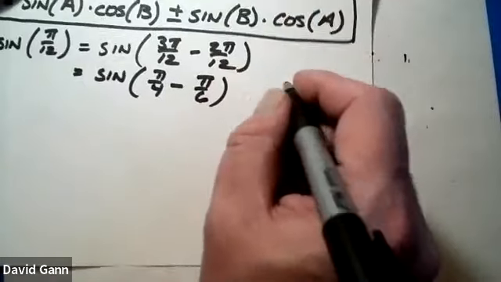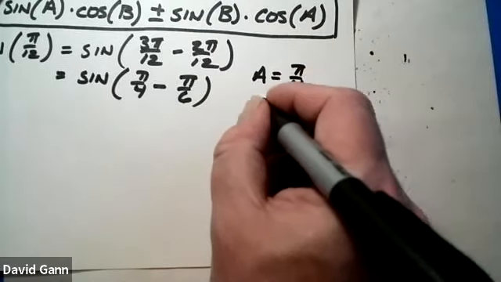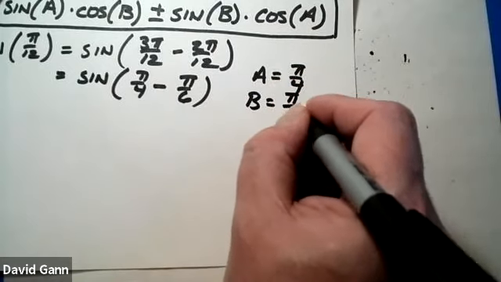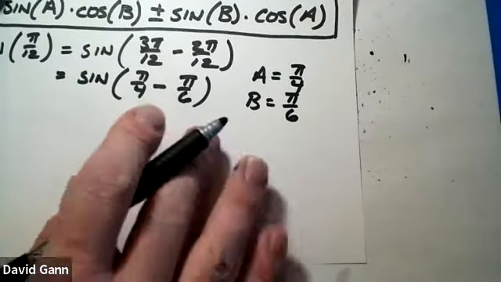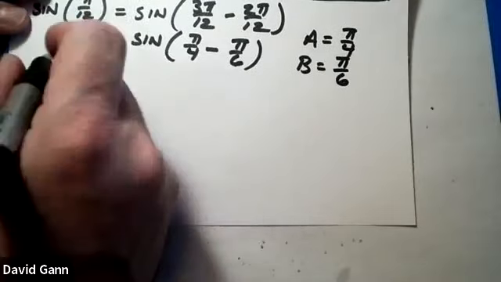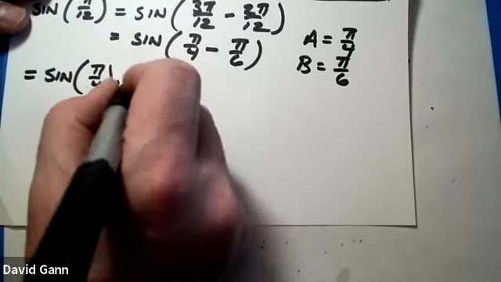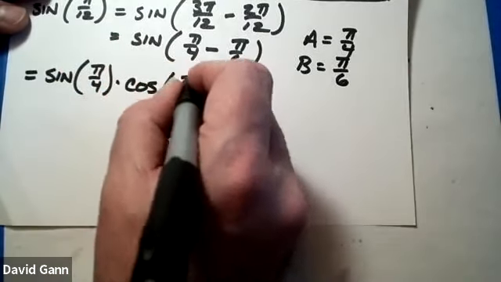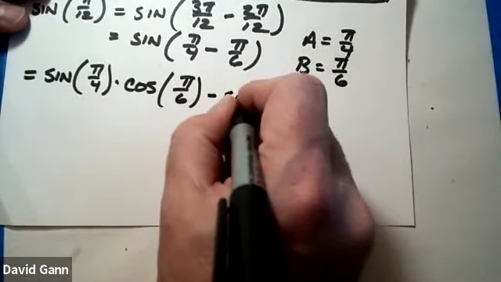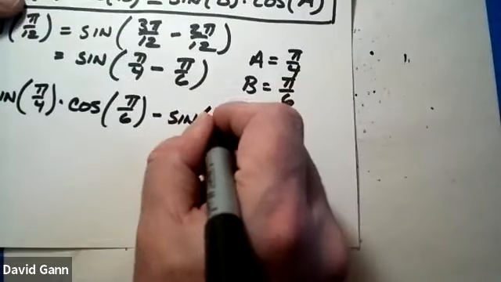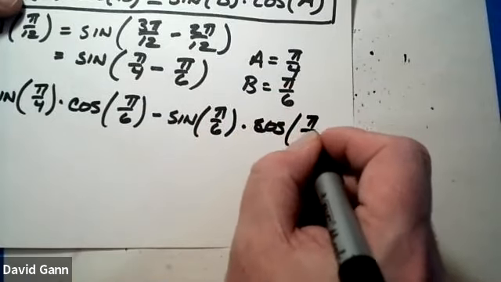So like I did previously, let's call A equal to pi over 4 and B equal to pi over 6, and it's sine of A minus B. Using the formula, that is the sine of the first thing times the cosine of the second thing. The sign will be the same, so minus sine of the second thing times the cosine of the first thing.